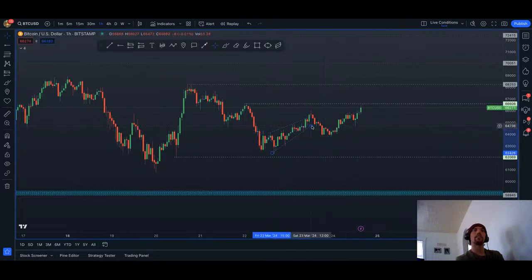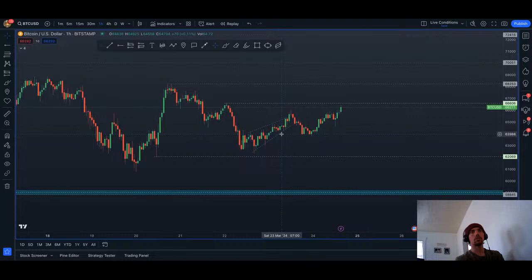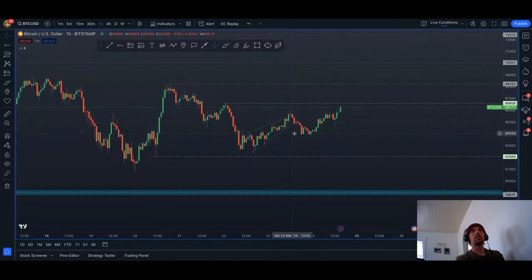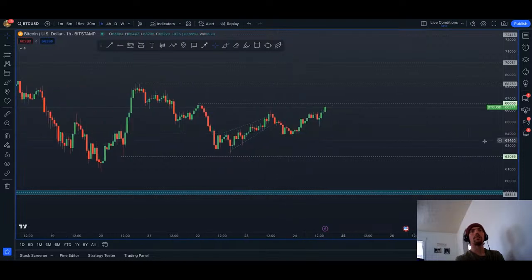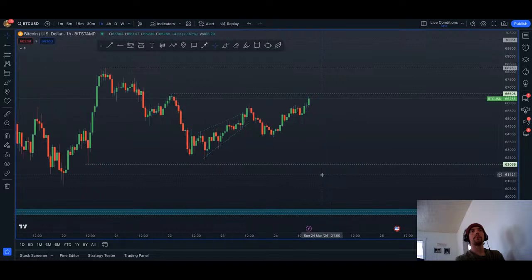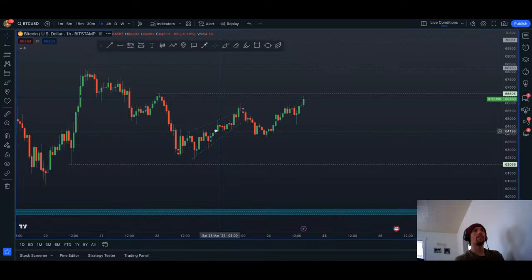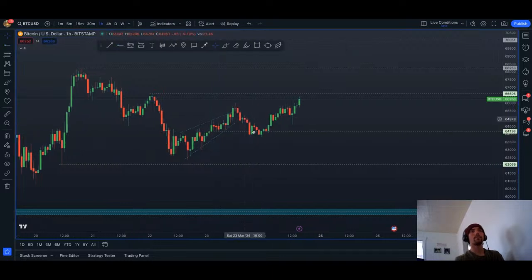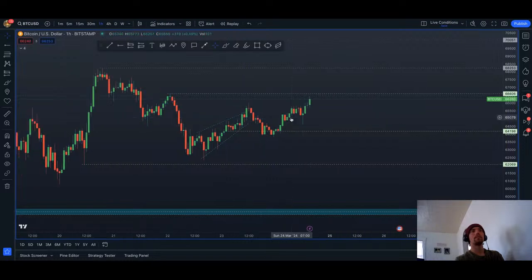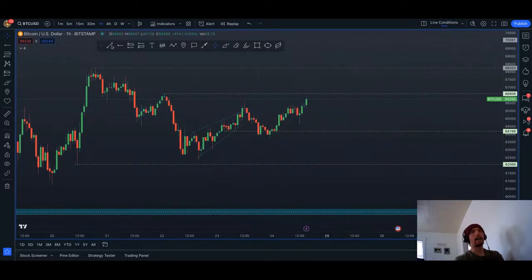There are two parts to structure right here. Only a seasoned vet is going to get you this. So this really becomes two patterns.